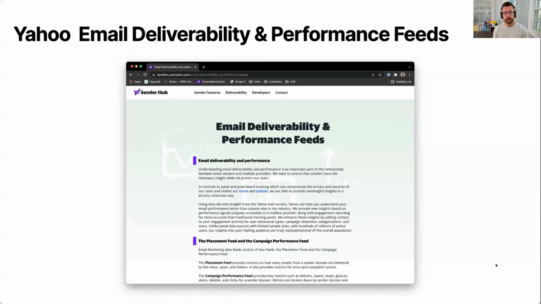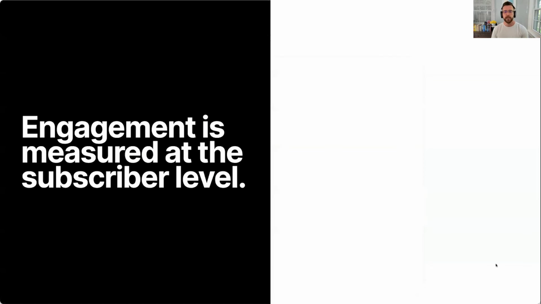Where are your campaigns actually going in the inbox? Are they dropping into spam? Are they dropping into folders? How are things happening in terms of how engaged your subscribers are within any domain that's underneath that sort of Yahoo umbrella, which encompasses hundreds at this point. So another area where you can get free information on the deliverability of your domain.